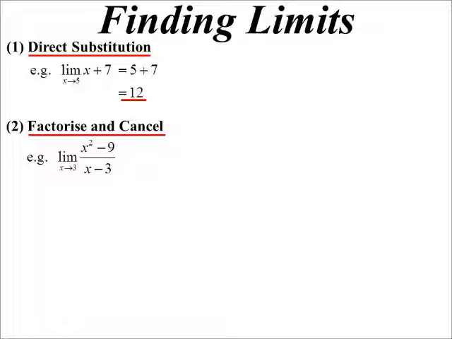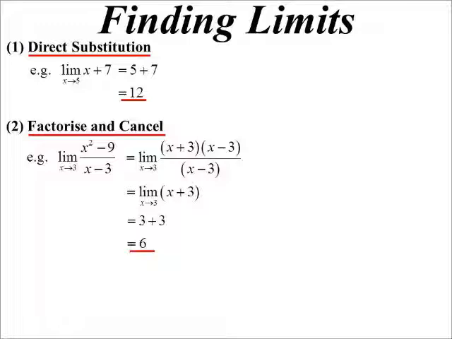So what's the y value approaching? Well, before we can find out, we'll factorise, and the x minus 3, you'll notice in this one, cancels. And so it would be the same as if I just substitute into x plus 3. And so 3 plus 3 gives me 6. So I know that whatever that particular curve looks like, it would be approaching the value of 6. Now, have a look at my setting out there.